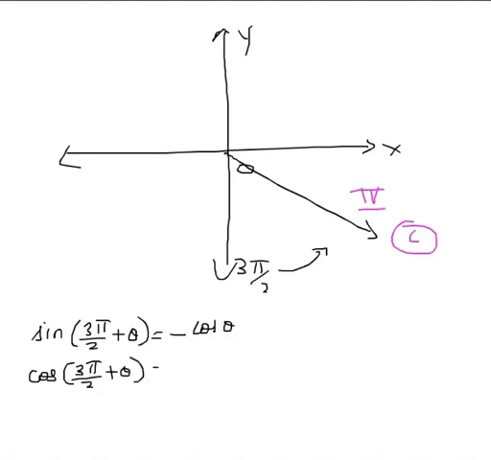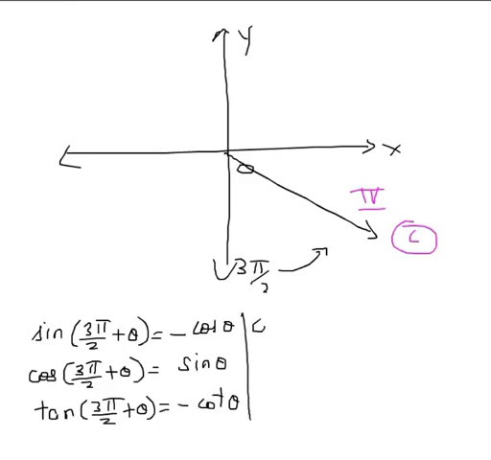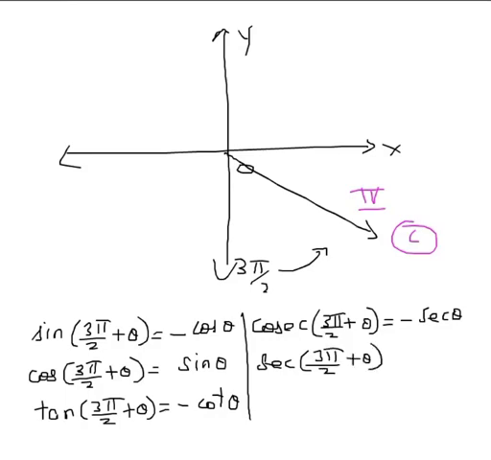In the fourth quadrant, cos is positive and change the ratio, so it becomes sine theta. Tan in the fourth quadrant is negative. For 3 pi by 2, change the ratio. In the fourth quadrant, cosecant is negative. Change the ratio because of 3 pi by 2. And secant is positive. For 3 pi by 2, you have to change the ratio.